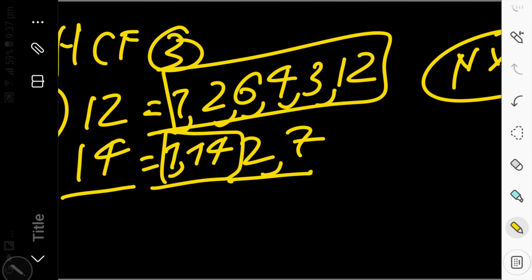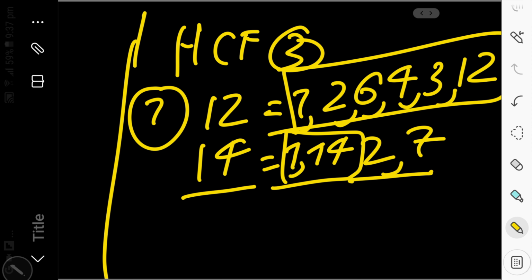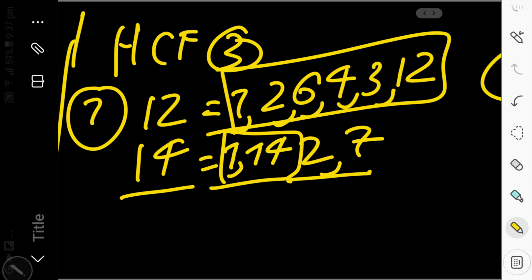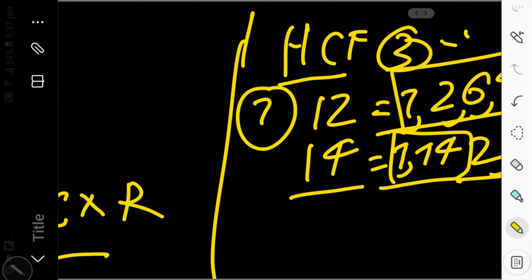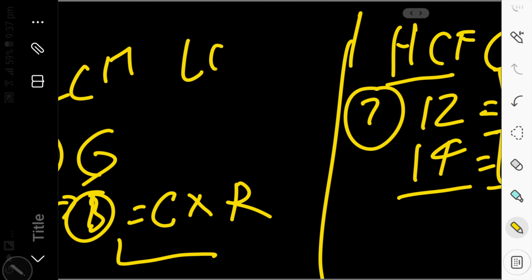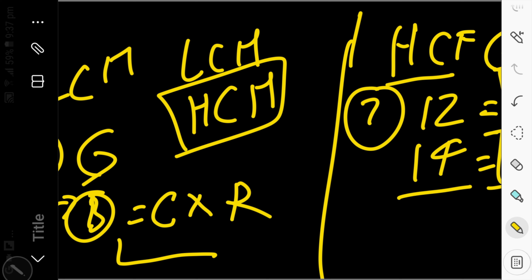Just like LCM, what we do is find the number, but in LCM we find the least common multiple, the lowest, but in HCF we find the highest. In LCM we cannot find a highest common multiple, because the multiplication table is infinite.